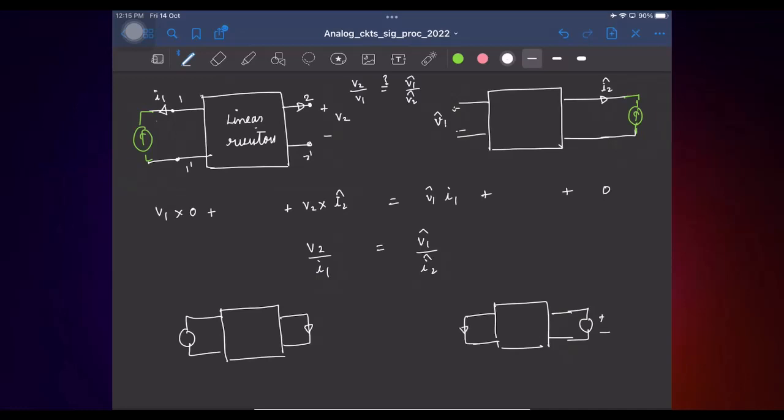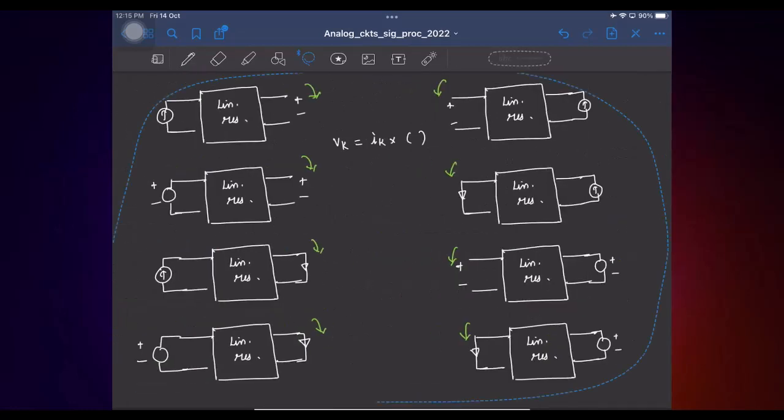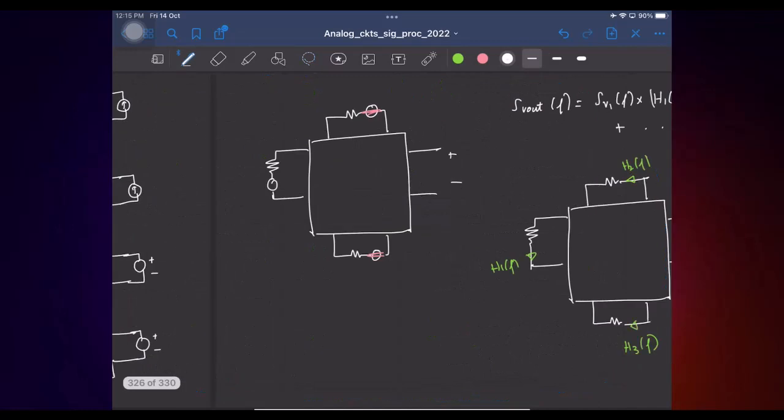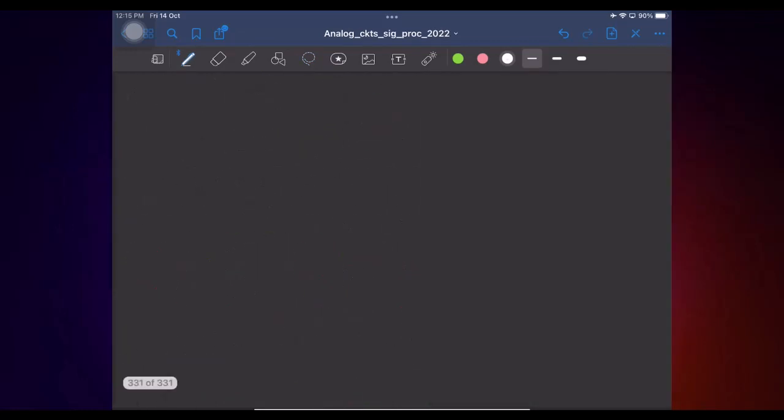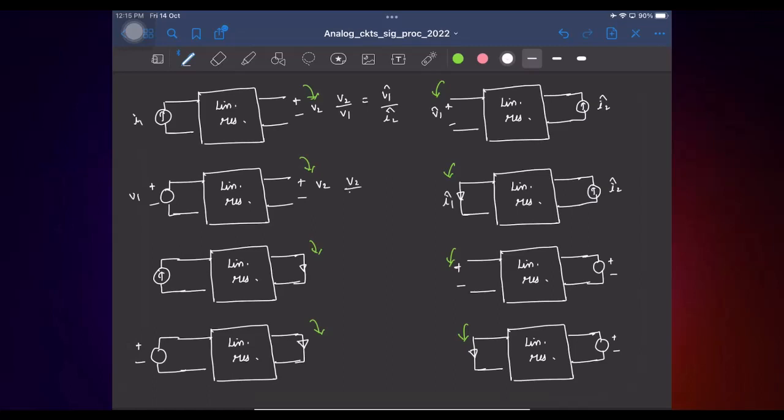Right? So I'll use the summary I got here. So of course if I call it I1 and this is V2, I2 hat and V1 hat. So here V2 by V1 will be same as V1 hat by I2 hat. Oops, this is V2 by I1.